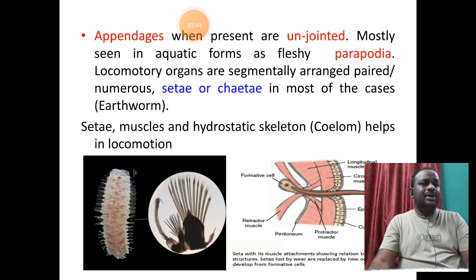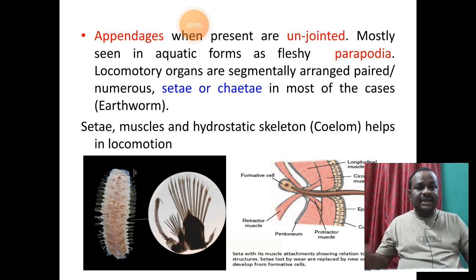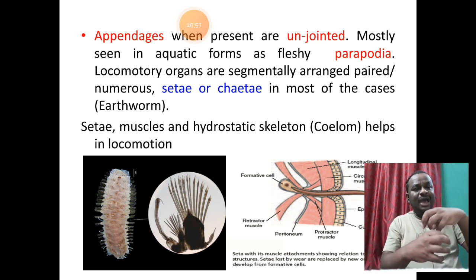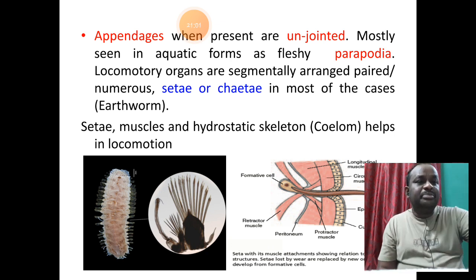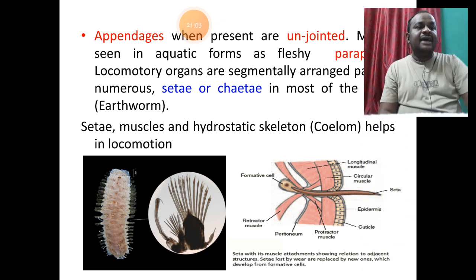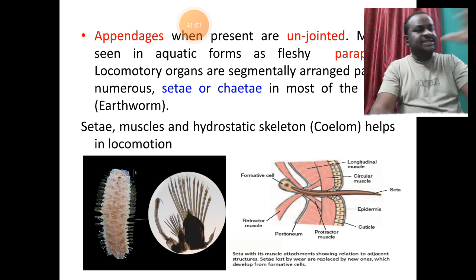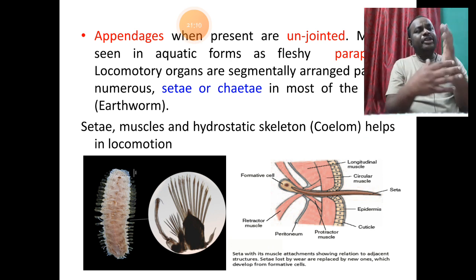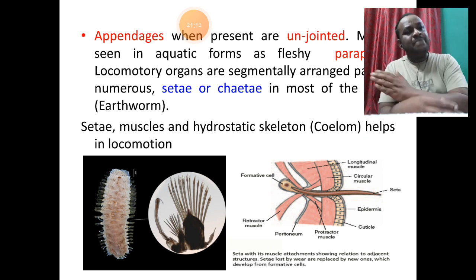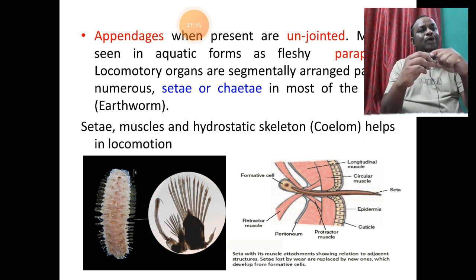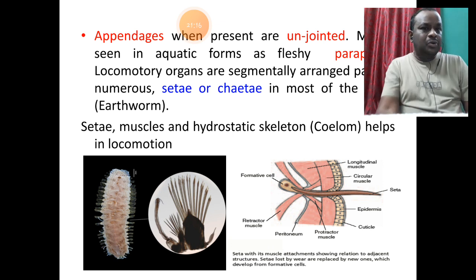In the case of earthworms, every segment will not have paired appendages. Instead, every segment will have a number of rod-like structures extending, as we have seen in the previous diagram as well as the diagram down towards the right side. There are rod-like extensions where three-fourths of those structures are embedded within the body wall and only one-fourth is extended out.